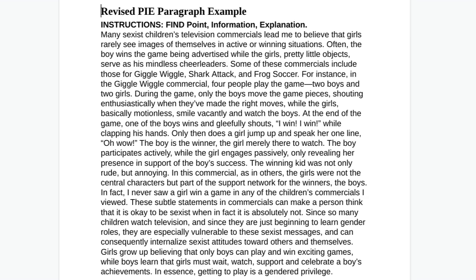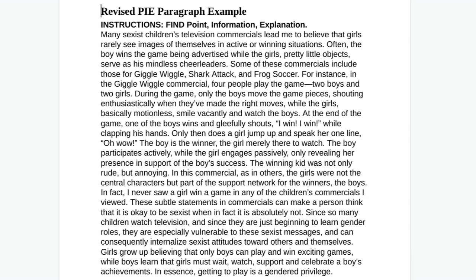These subtle statements in commercials can make a person think that it's okay to be sexist when in fact it is not. Since so many children watch TV and since they are just beginning to learn gender roles, they are especially vulnerable to these sexist messages and can consequently internalize sexist attitudes towards others and themselves. Girls grow up believing that only boys can play and win exciting games, while boys learn that girls must wait, watch, support, and celebrate the boys' achievements. In essence, getting to play is a gendered privilege.